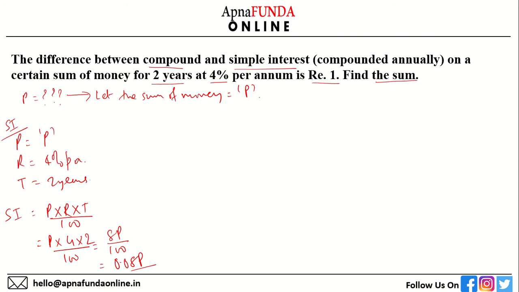As I mentioned before, I normally don't simplify it now. If I want, I can calculate it like this and it becomes 2P by 25. But I don't want to complicate it, because I want to keep the denominator the same in both cases, simple interest and compound interest, and there is no better denominator than 100.